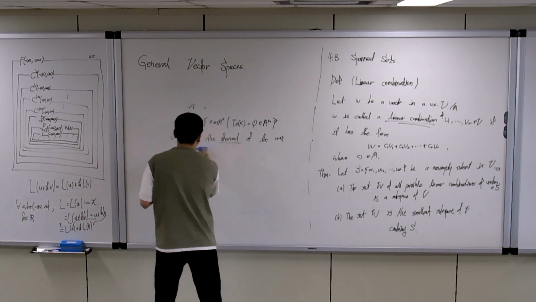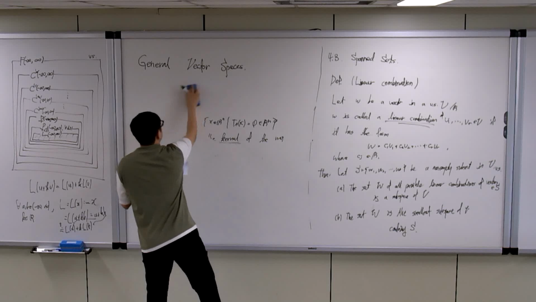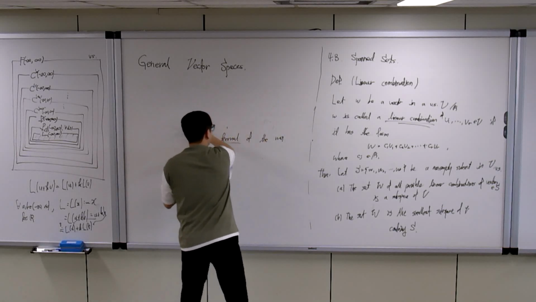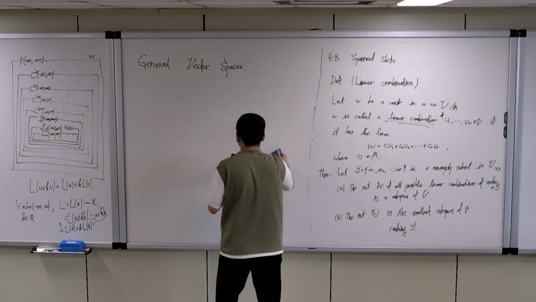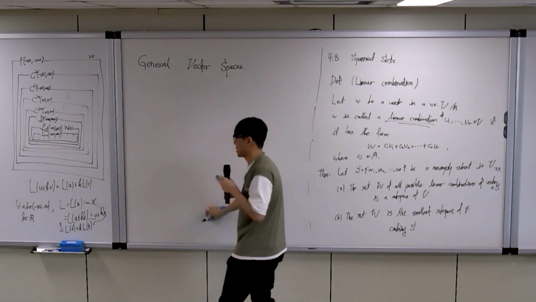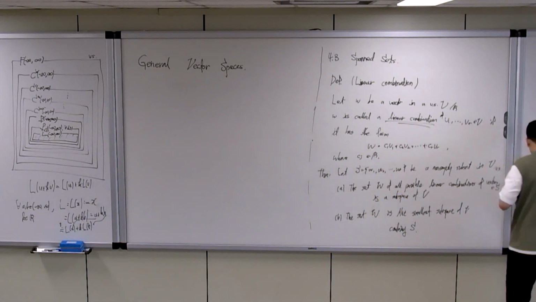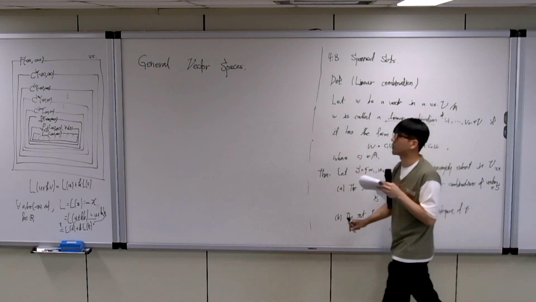To check the subspace, I said it is enough to check it has the closure property for each operator, the addition operator and the scalar multiplication operator.